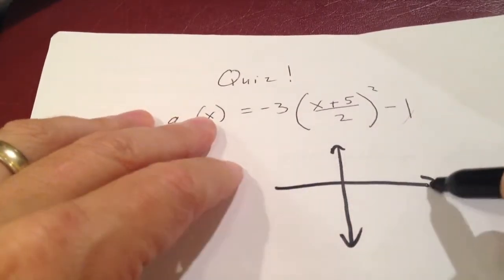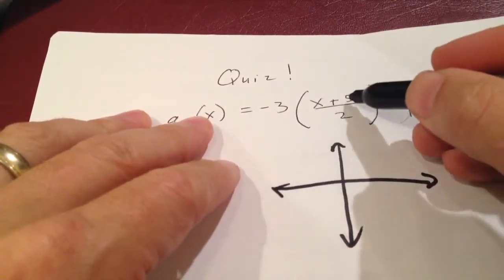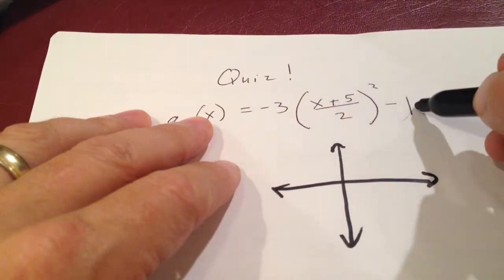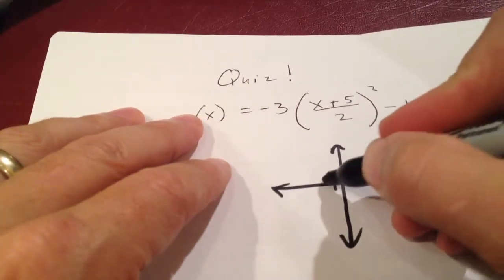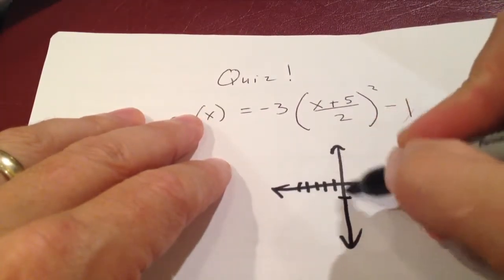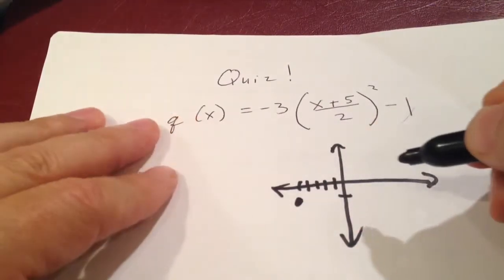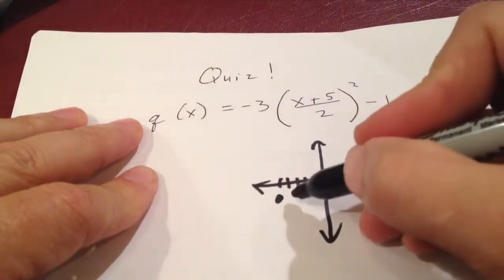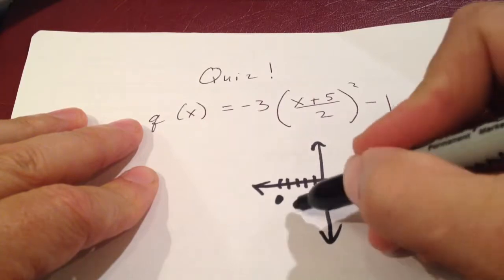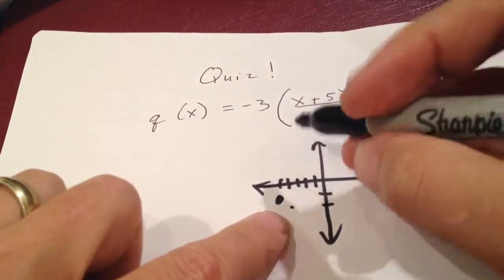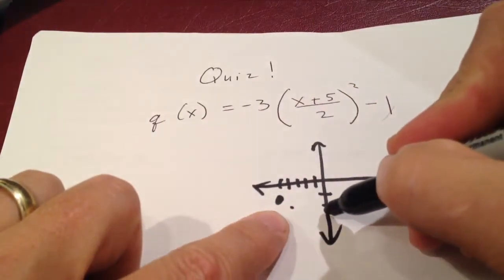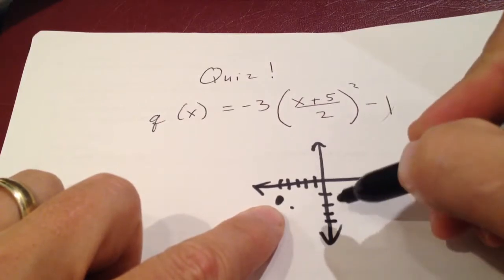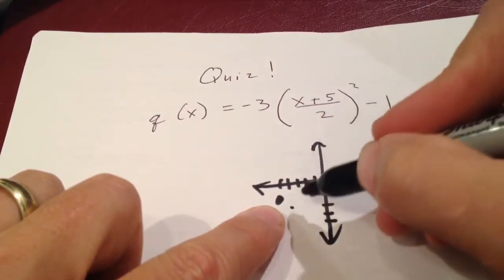All right, so if I was going to do that, first of all, my new vertex is at -5, -1, so 1, 2, 3, 4, 5, -1, so there's my vertex. I know it's going to be upside down. Typically, I'd be at 1, 1, which would be roughly right there, but that's not my new point. It's going to be 3 times as far from that point, and it's going to be 2 times as wide.